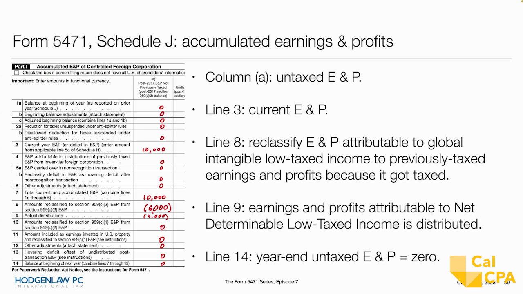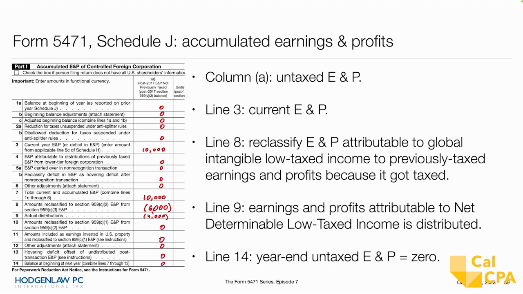But I'm not bitter. You bring the current E&P, you add it to last year's accumulated E&P, and you come down to line 7, which is total current and accumulated E&P so far. And then what do you do with it in order to get your E&P adjustment to come down to the year-end E&P that you're going to carry on to the next calendar year, fiscal year.